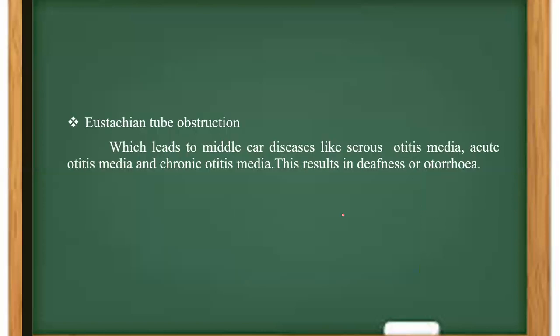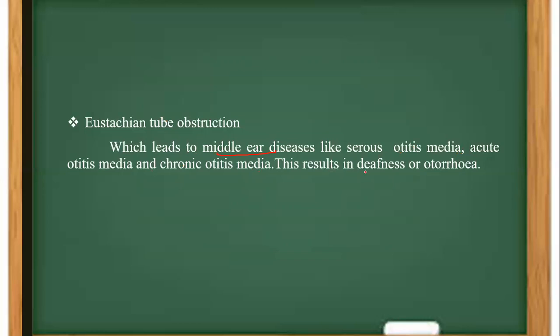Okay. Then eustachian tube obstruction. First we had nasal obstruction clinical features; next is eustachian tube obstruction. Adenoids enlarge and obstruct the eustachian tube opening, which leads to middle ear diseases like serous otitis media, acute otitis media, and chronic otitis media.